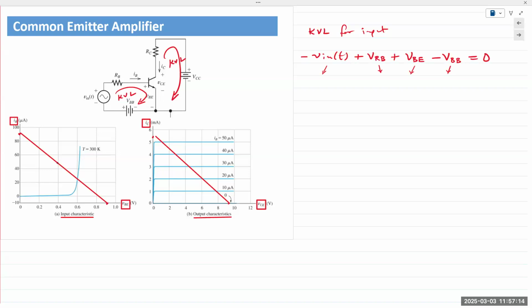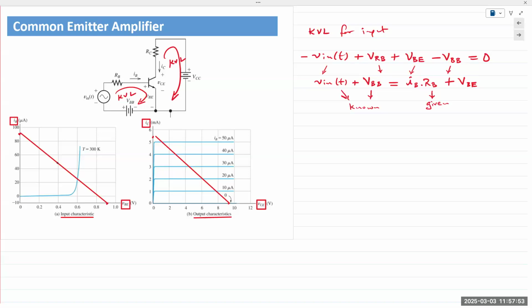So we can rearrange the equation to give us Vin(t) plus VBB, the supply voltage and the AC input signal, is equal to IB RB plus VBE. So again, this would be given or known to us. This is also known or given.